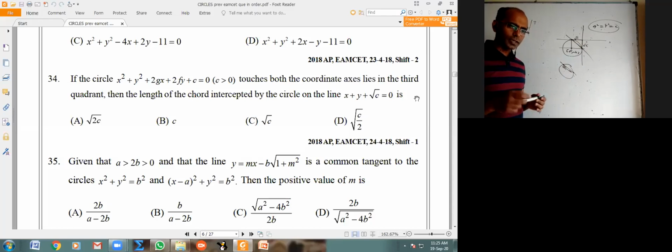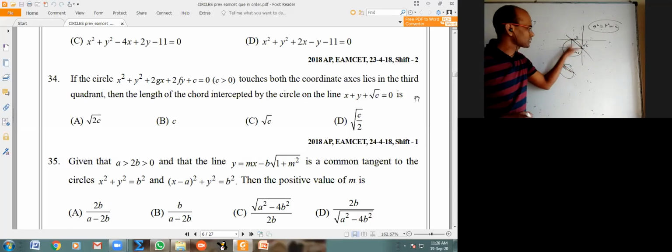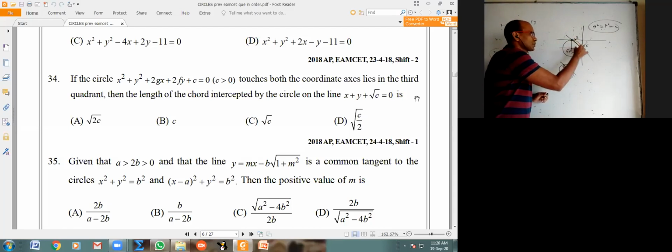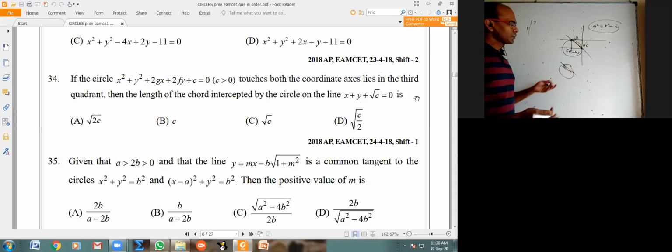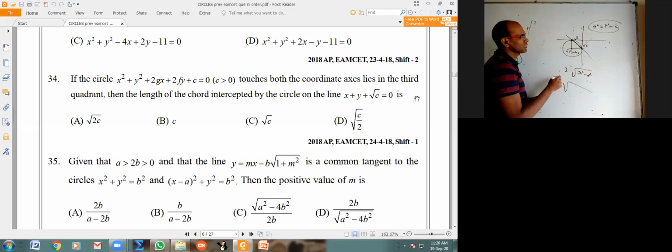The length of the chord intercepted by the circle on the line. This is a line, this is a full circle. The intercept length is this. The line is intersecting the circle here and here, and the distance between them is this. If you don't want this, then we'll obviously use the formula 2 root r square minus d square. What is the radius of this circle?